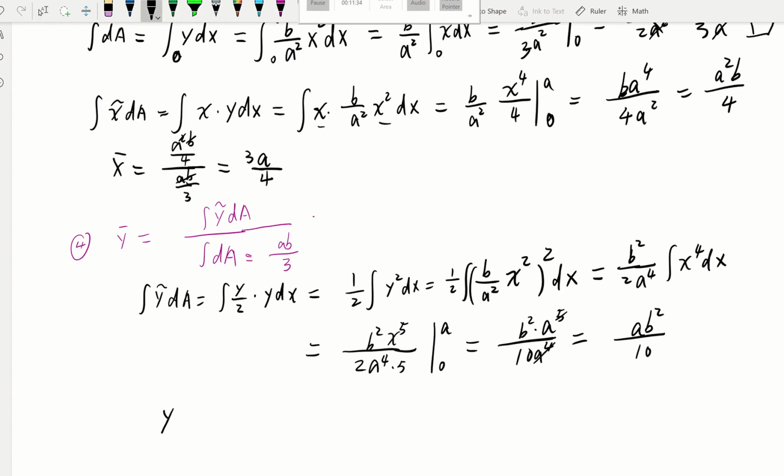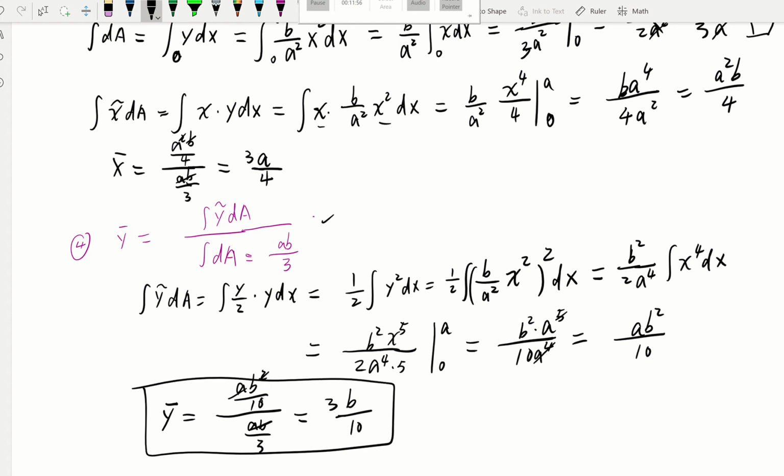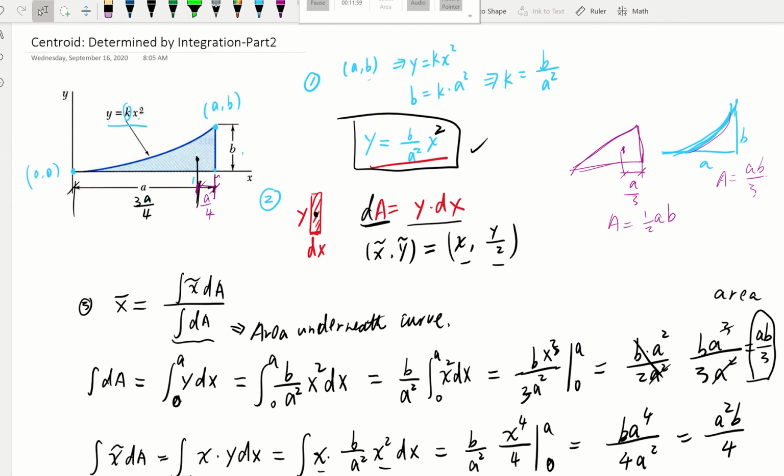Then we're going to be able to substitute that into this equation. ab squared over 10 divided by ab over 3. Then ab canceled out. Then we'll have just b. We'll have 3/10 of b. Okay. So if I were trying to illustrate that point on this curve here, on this chart, it's going to be 3/10 of b, right?